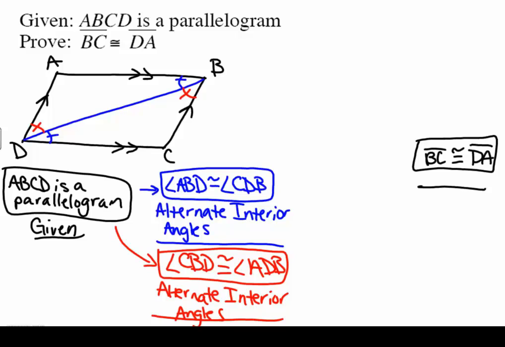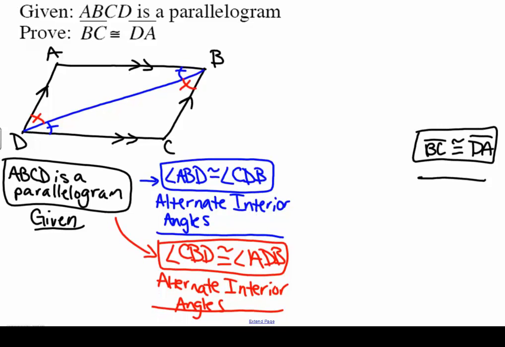Okay, so now we can say, all right, we've got two angles. Well, these two triangles, ABD and CDB, they share this side. So we can say that segment BD is congruent to segment BD, and that is the reflexive property.